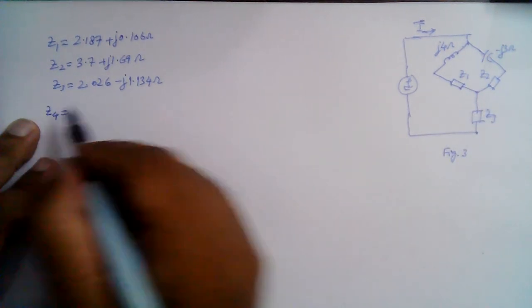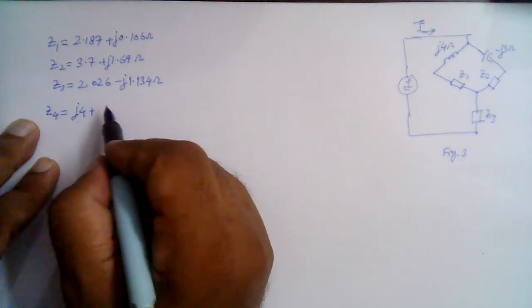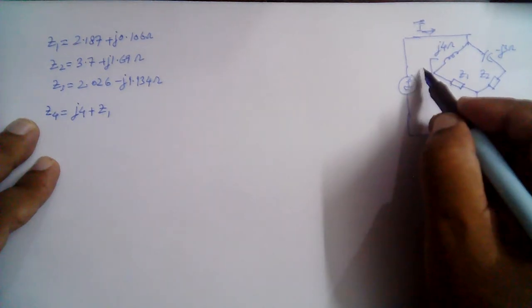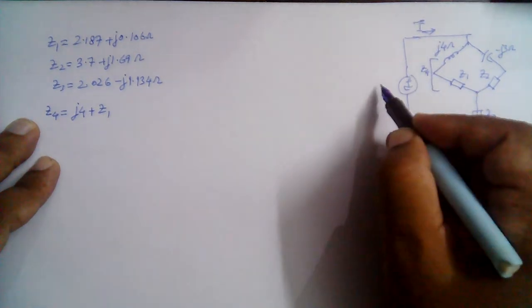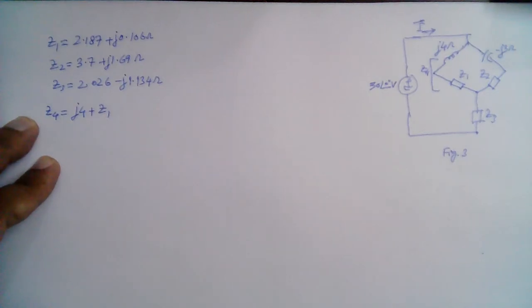So Z4 is equal to j4 plus Z1. So this is Z4, and this was 30 angle 0 degree volts here, right?